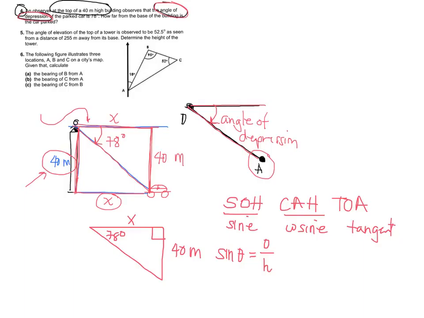The hypotenuse of a triangle, just in case you're not familiar with it, is the side opposite the 90 degrees.